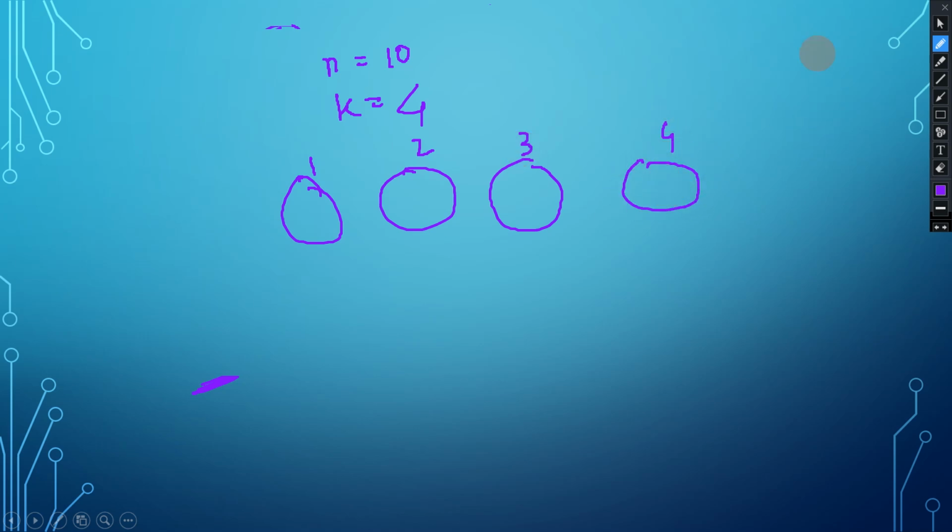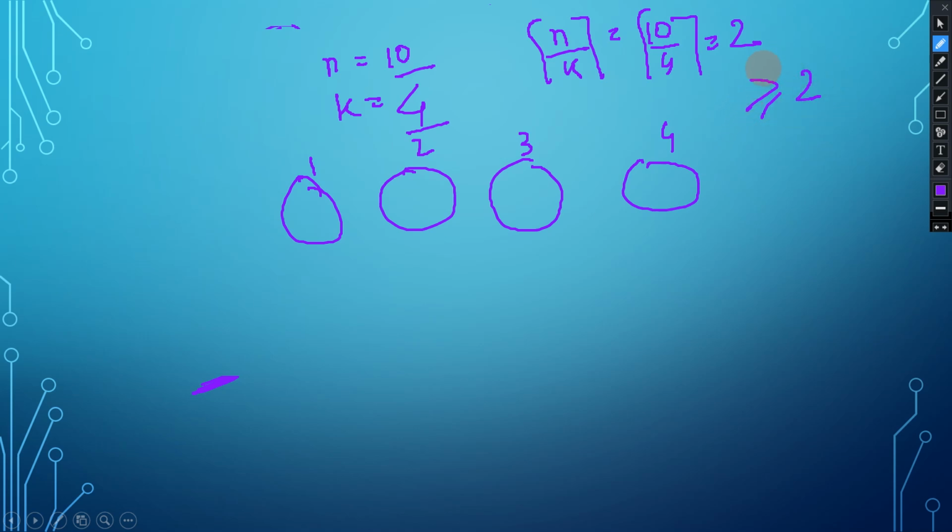So what would be the greatest integer function of n by k? That would be 10 by 4. 4 twos are 8, right? That would be 2. So the theorem says no matter how you distribute these 10 pigeons into these 4 holes, there will always be at least one hole which will have greater than or equal to 2 pigeons, 2 or more than 2.